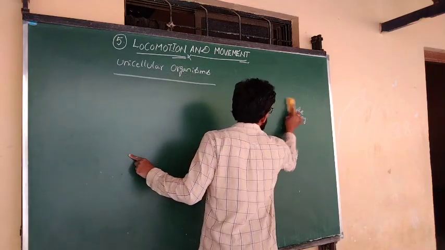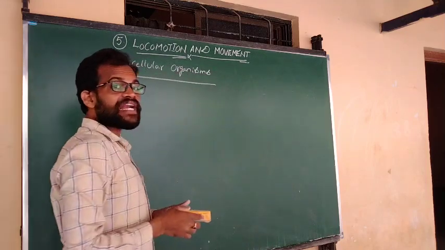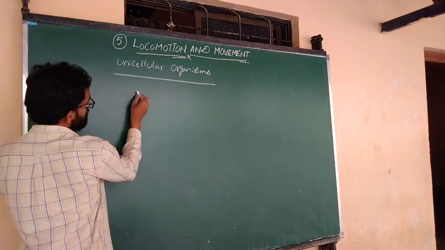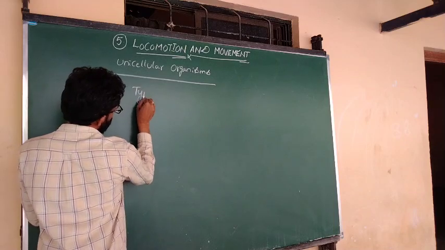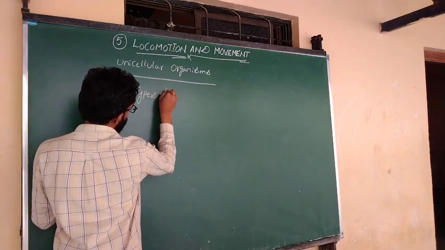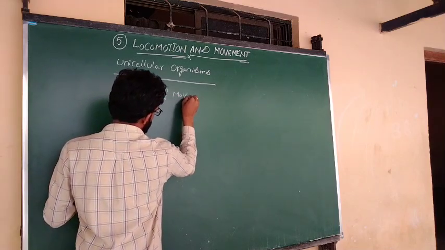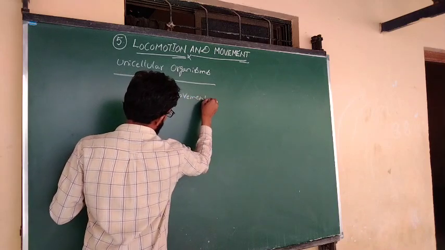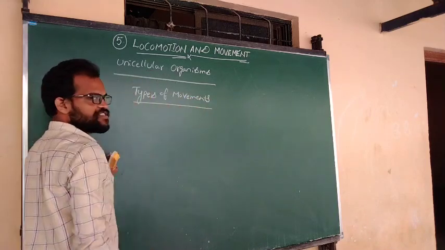In unicellular organisms, what are the movements? Types of movements. What is the first type of movement?